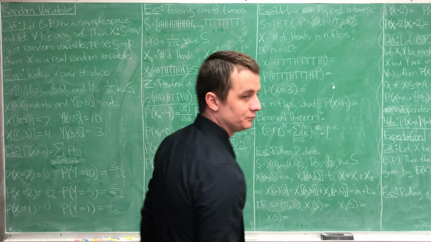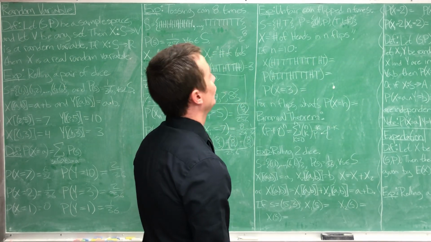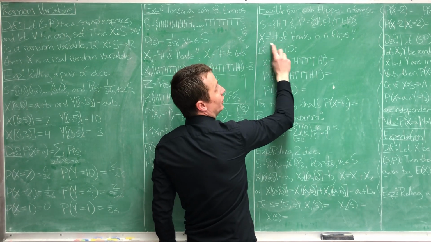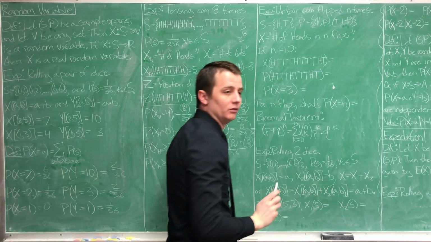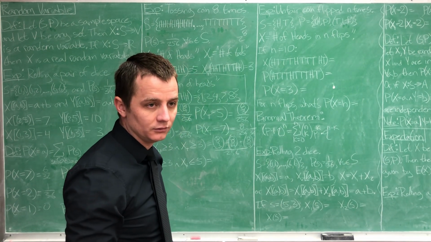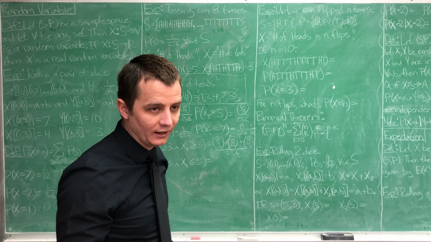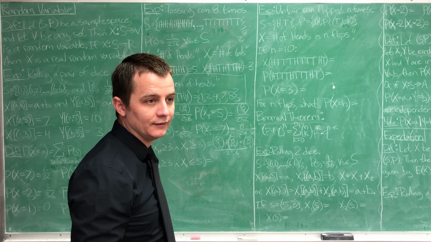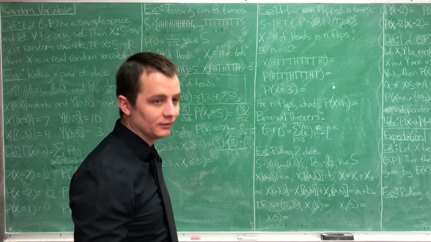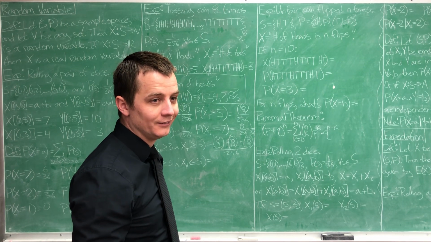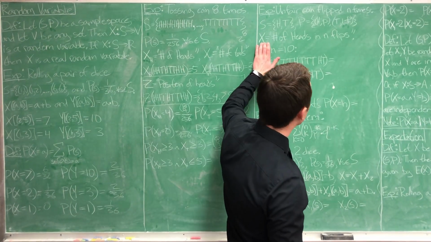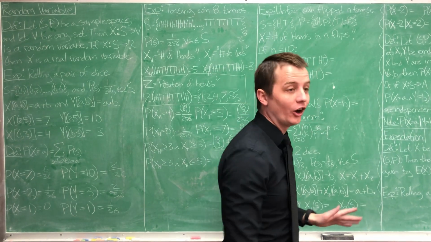Good? Okay. So now we're going to make x the random variable that counts the number of heads you get in the n flips. So x just counts the heads. That's our random variable. Make sense? What's x? X tells us the number of heads in our n flips.